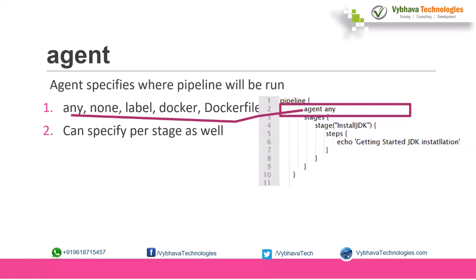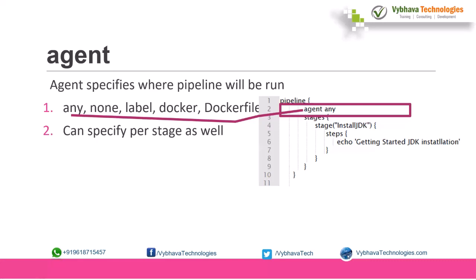The latest one is Docker. Docker image configurations we are going to give, to build that particular Docker image, and what the base Dockerfile is, you can mention. The Docker engine will be there, and the plugin is available.